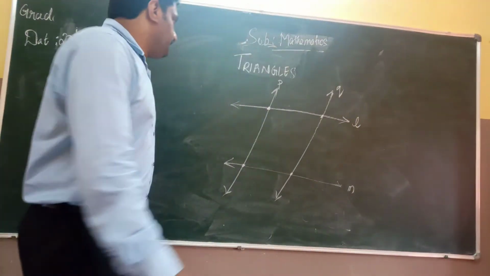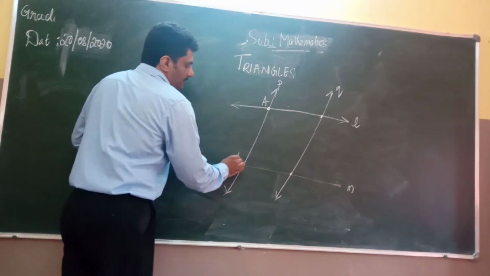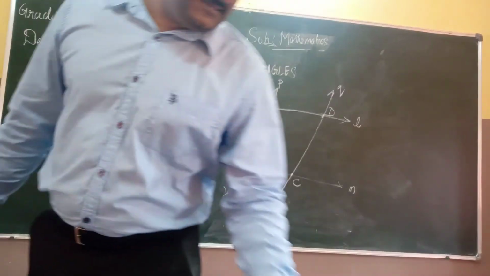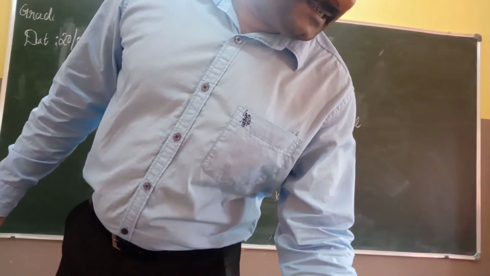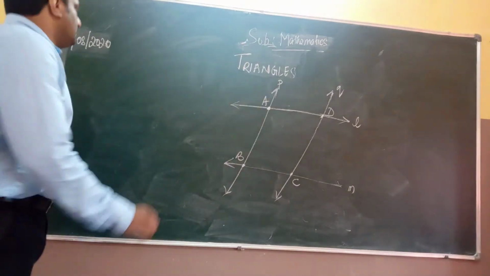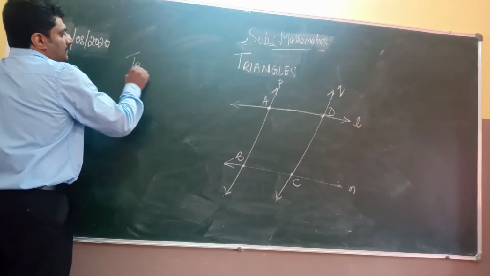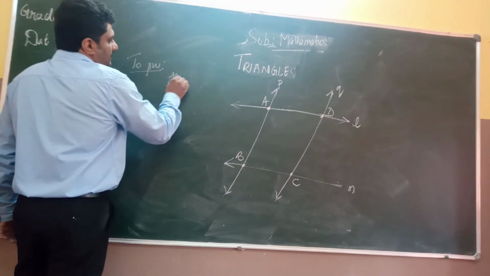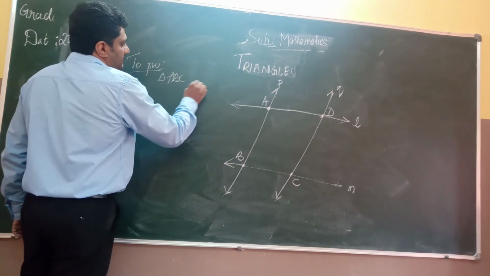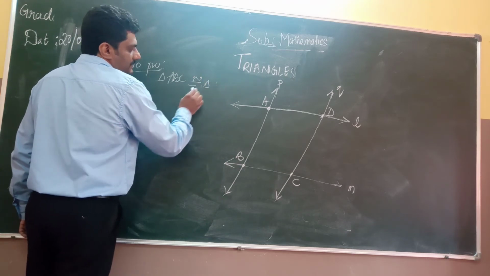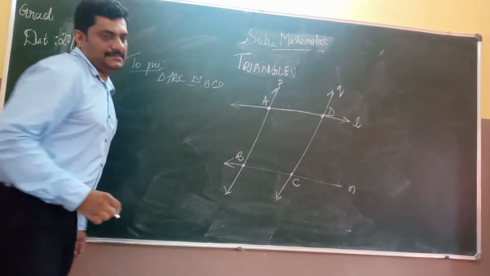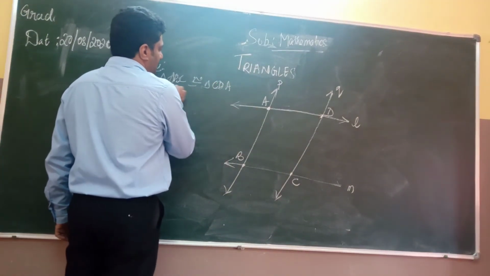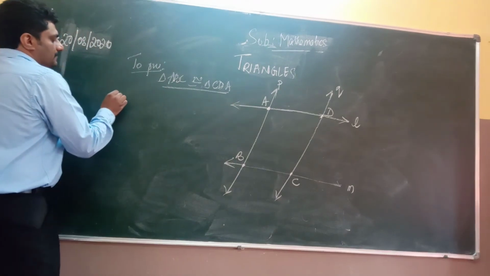A, B, C, D, and show that triangle ABC is congruent to triangle CDA. This is what we have to prove.